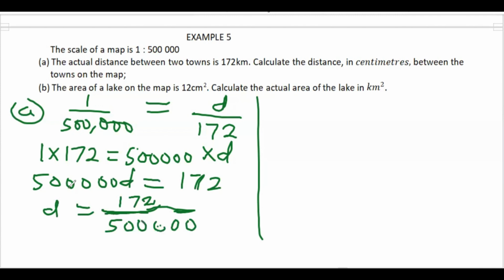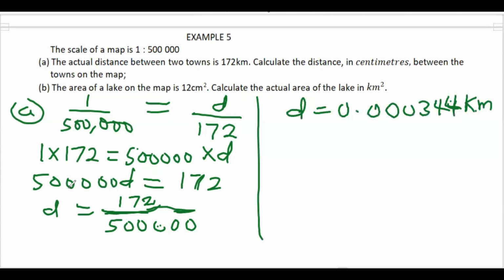If you simplify this, 172 divided by 500,000 gives D equals 0.000344 in kilometers.